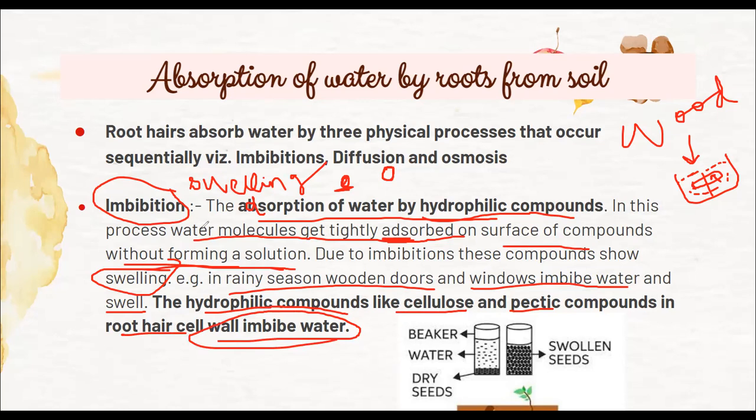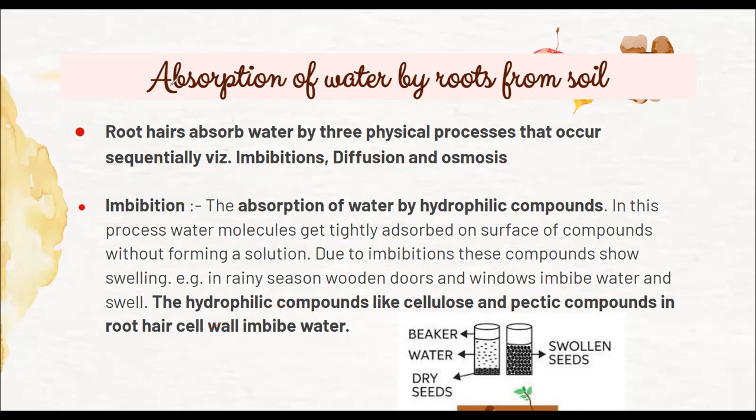This is one method. Then they will pass on the water to the next layer of cells, the next tissue, for further transport of water. So the first method is imbibition.